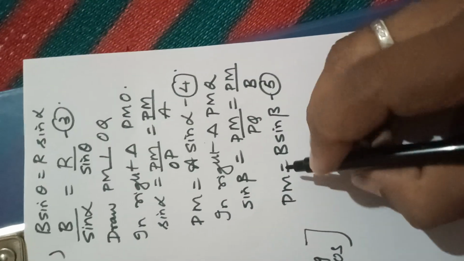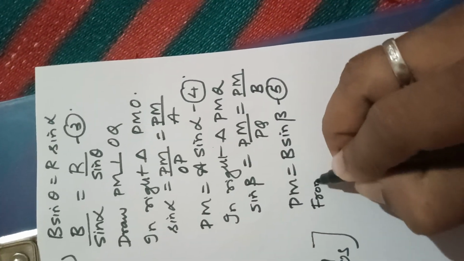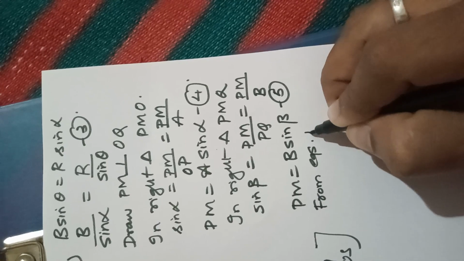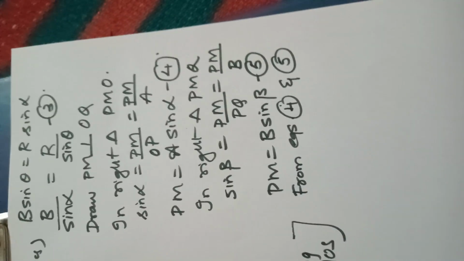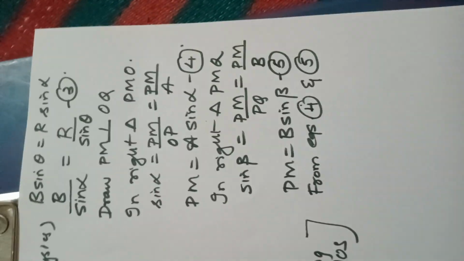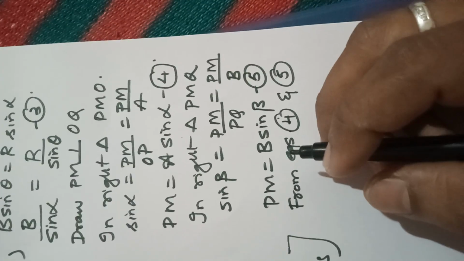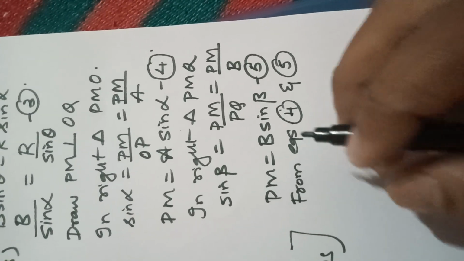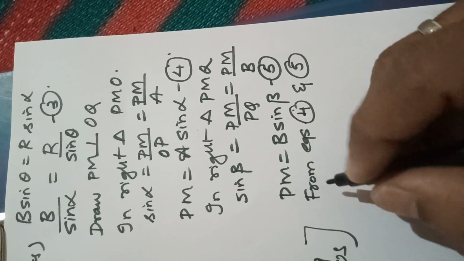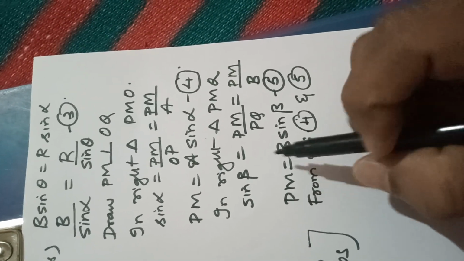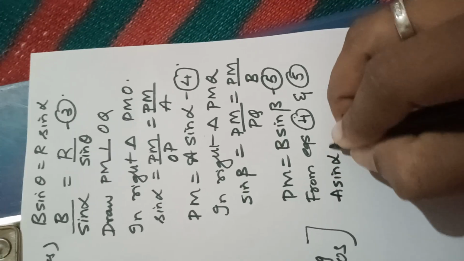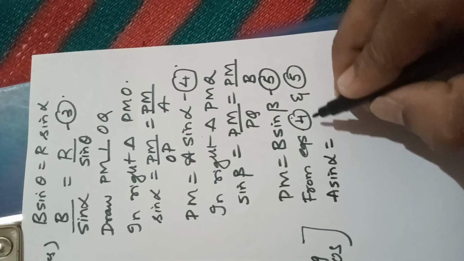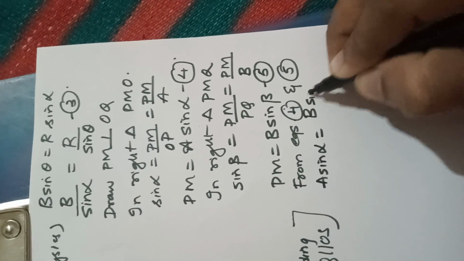Now compare equations 4 and 5. From equations 4 and 5, we can see that the LHS of equations 4 and 5 are equal. So A sin alpha will be equal to B sin beta.